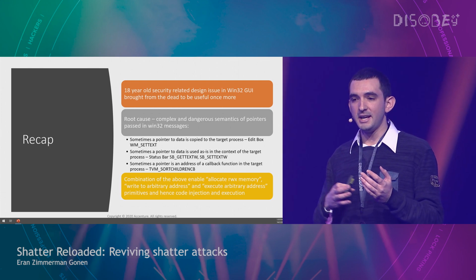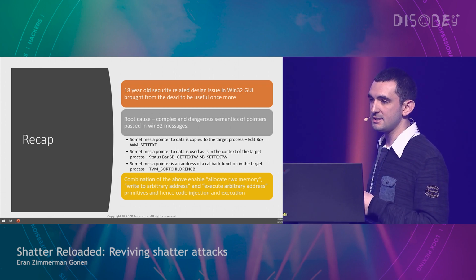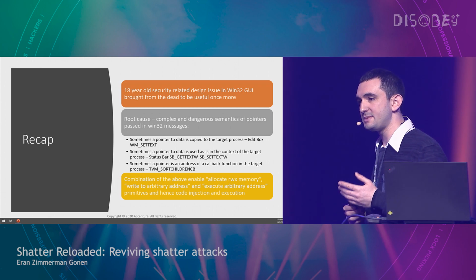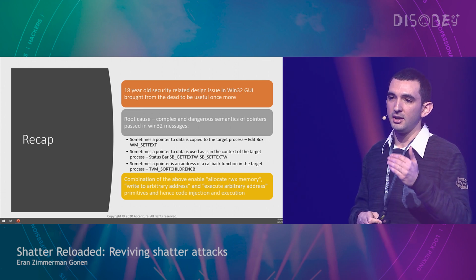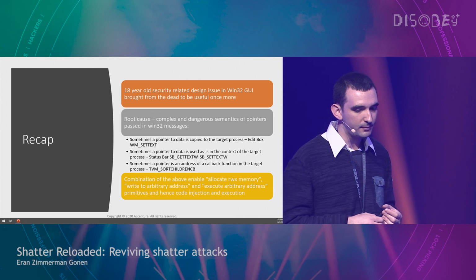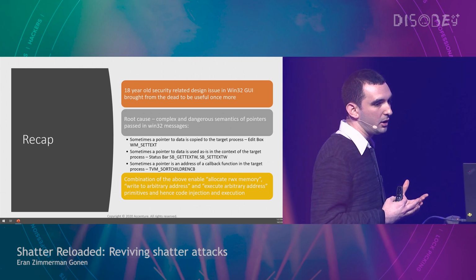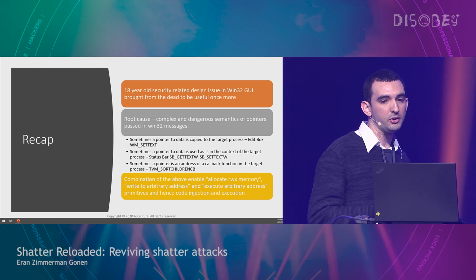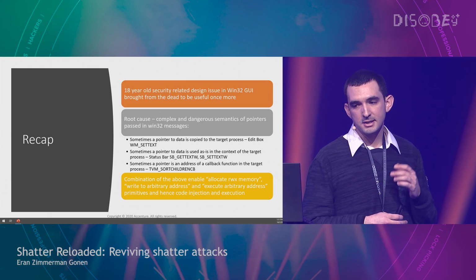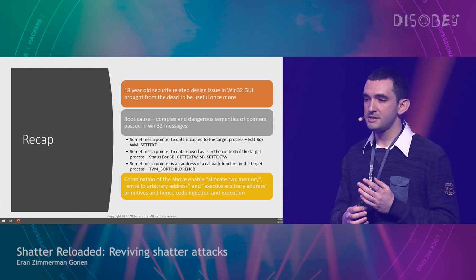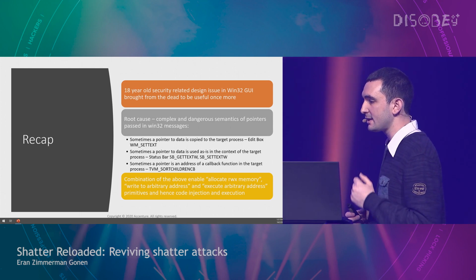Those meant that data should be copied inside the target process's memory range. And sometimes these pointers point to a callback to some code that should be executed by the target process. Combining these together, we had enabled the allocate RWX memory, write to arbitrary address, and execute arbitrary address primitives. And with those, we could inject and execute any code.